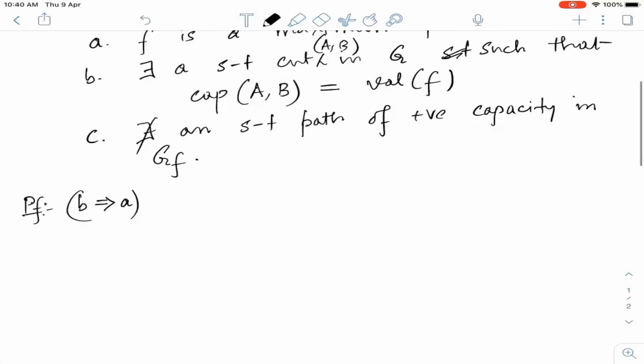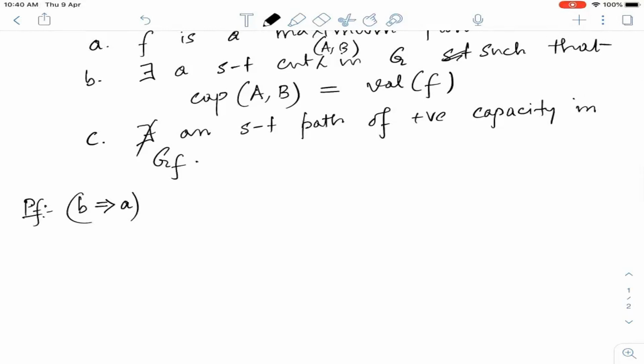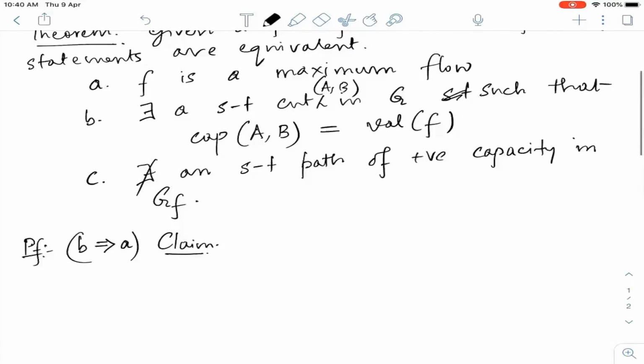Now here is what I claim. So I'm claiming a more general statement, and we will see that this claim will prove that B implies A. Okay.